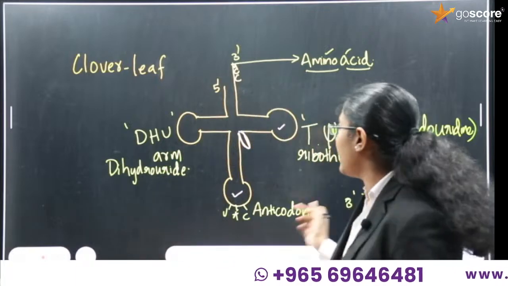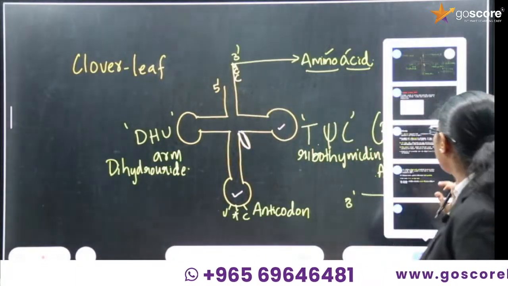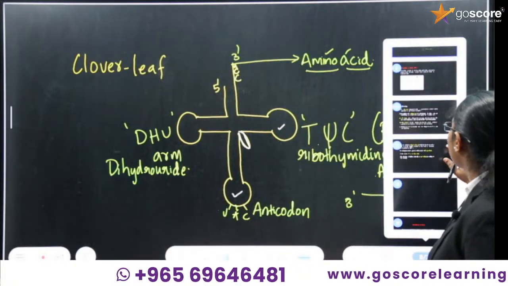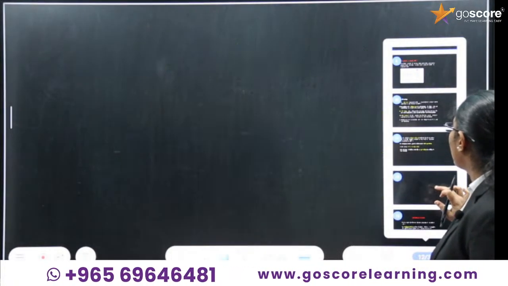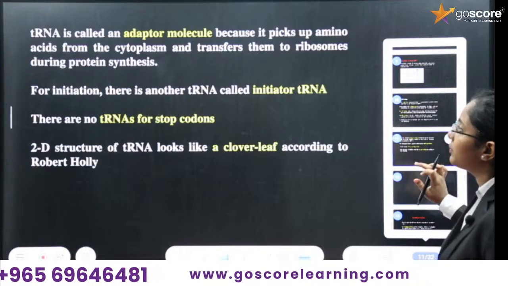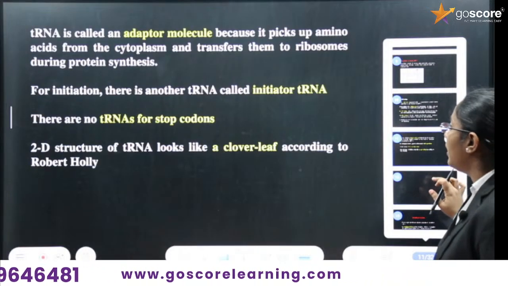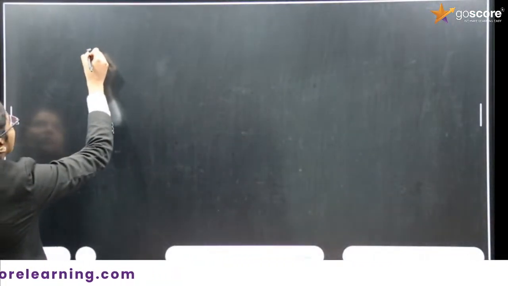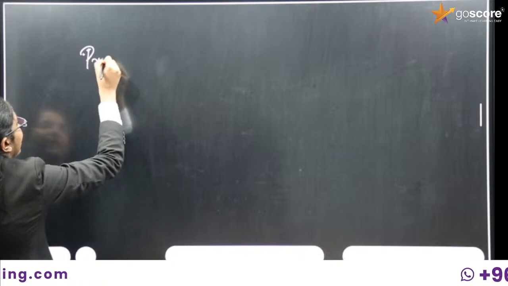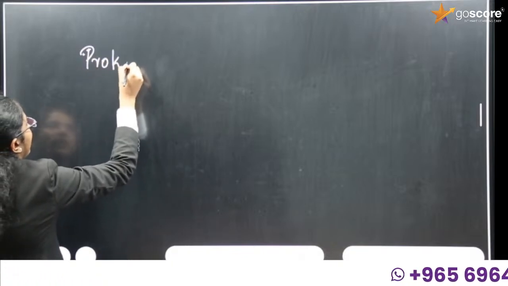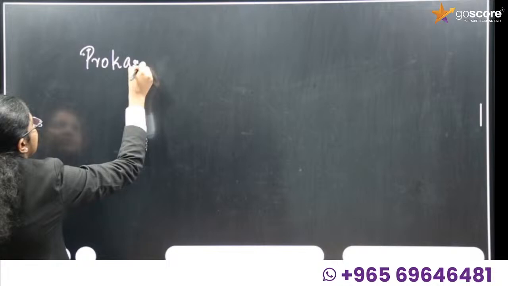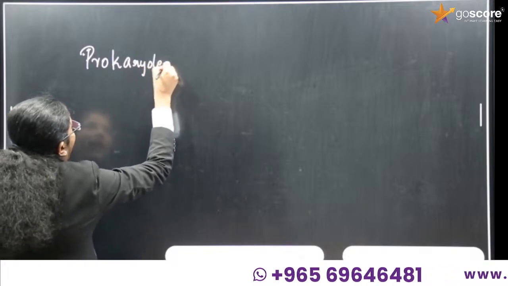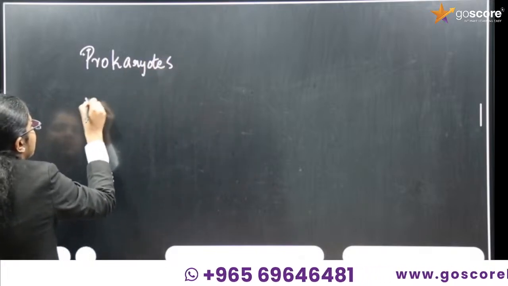Next, we want to study the ribosomes, the structure of ribosomes or the different ribosomes. We consider prokaryotes and eukaryotes, the two ways organisms can be classified.